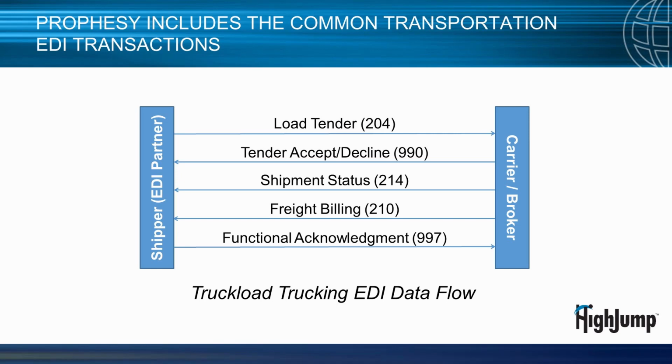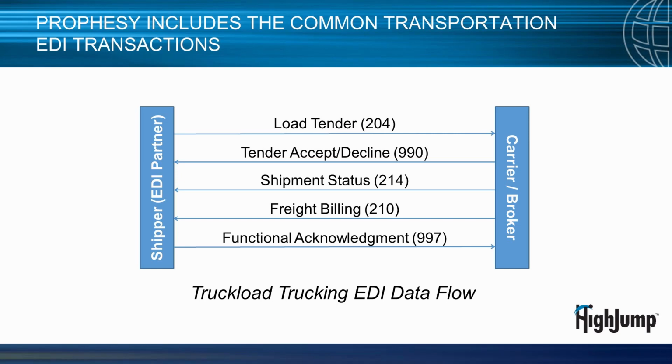First, the load tender, or 204, is basically an offer of a truckload order received from your customer, which you can accept or decline. This is closely tied with the tender accept or decline, or 990, which is your response of acceptance or non-acceptance of the tendered order.